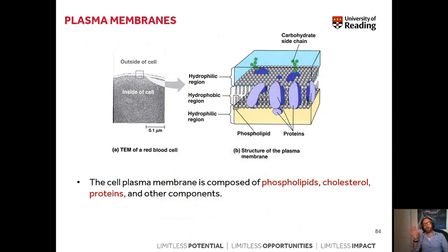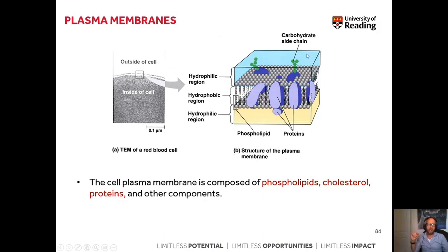If we are talking about biological membranes, then the story becomes slightly more complicated. Similar to what I've shown you before, we do have a hydrophilic region, the hydrophobic region, and another hydrophilic region. The plasma membrane, however, is composed of phospholipids in addition to cholesterol, proteins, and other components. Proteins can be seen here.